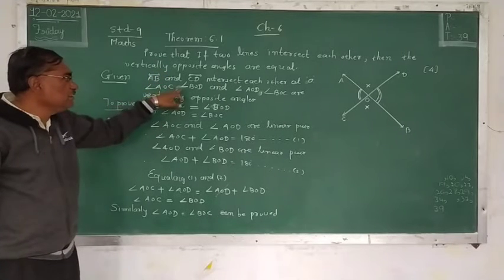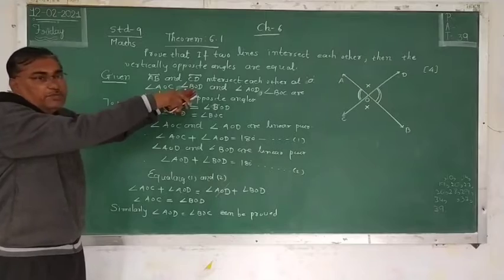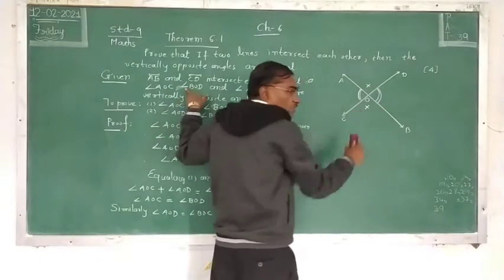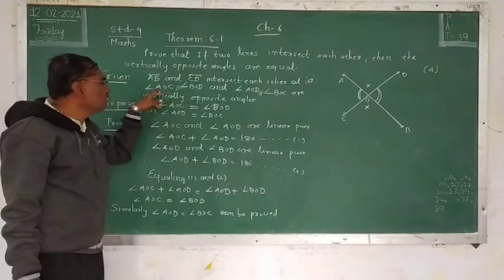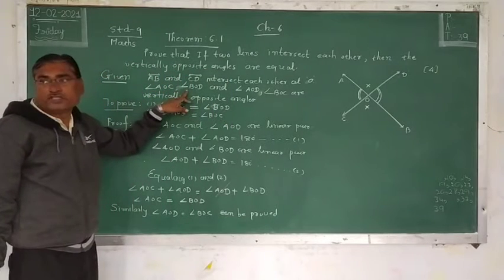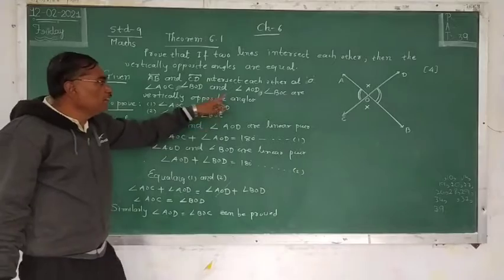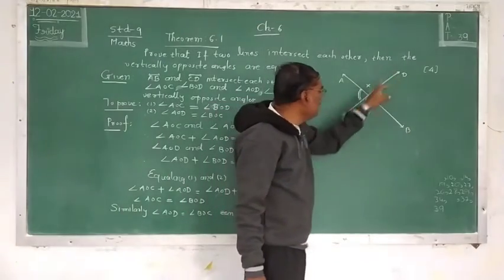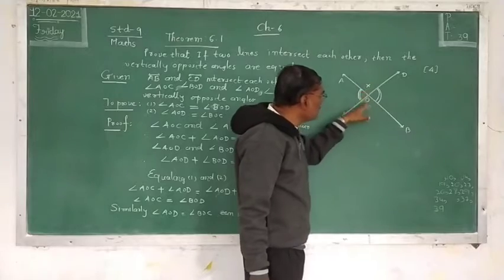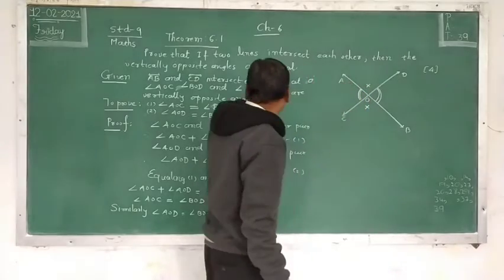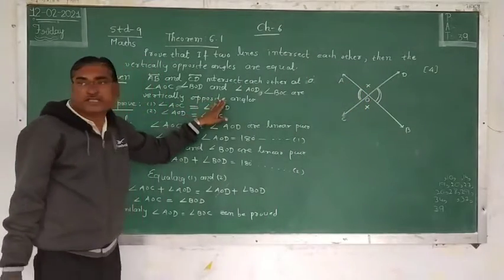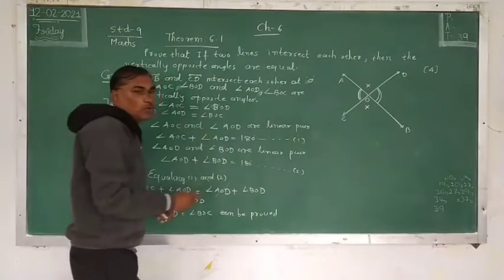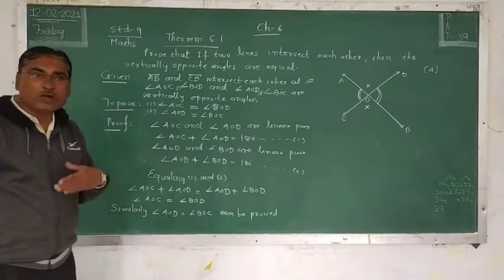Angle AOC and angle BOD, you can see in the figure with the double symbol, these two angles are vertically opposite angles. And angle AOD and BOC, with the cross mark, these two angles are vertically opposite angles. And these angles we have to prove equal.